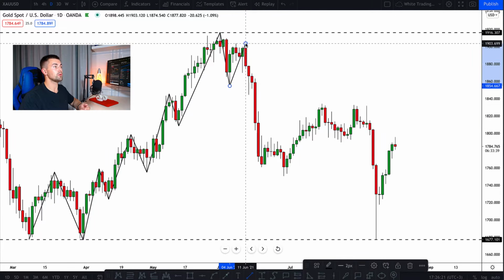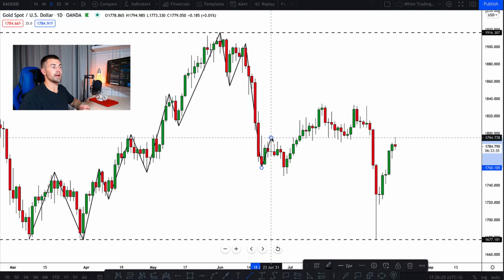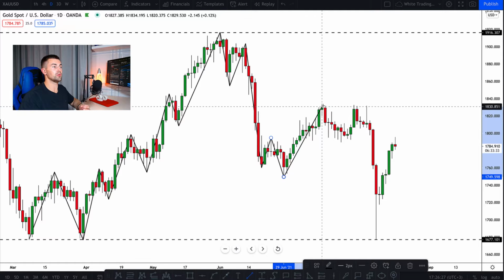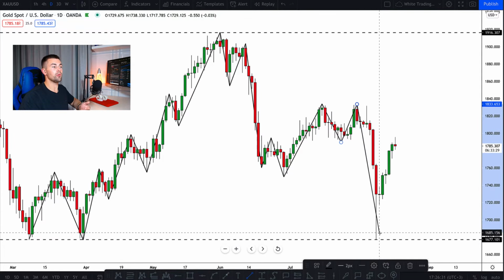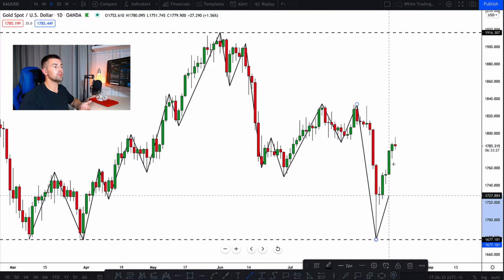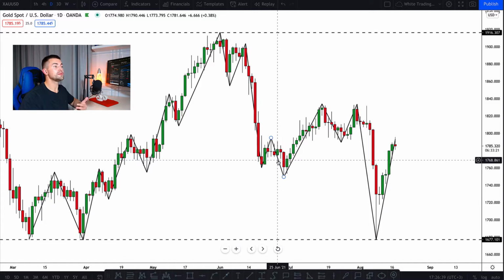I'm just trying to follow all these price action zigzags, and with that you can see that our chart simply looks better. Yes, with that we just feel the chart better. With that we see what is happening with the market, we see how the price acts.